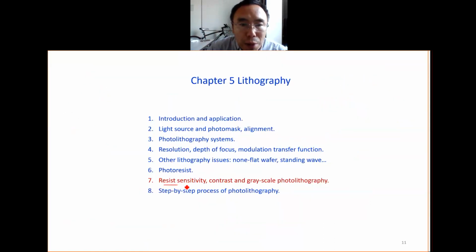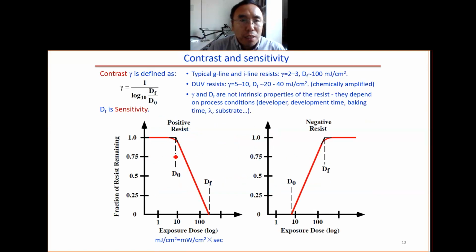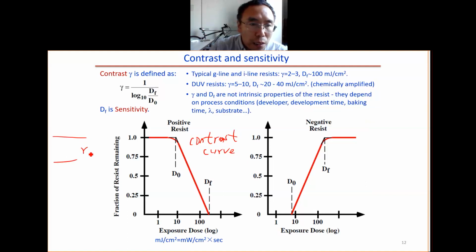Now we look at the properties of the resist. First is the sensitivity and the contrast. This is called the contrast curve. So what do we do? We have the resist, we shine the light, then we do the development.